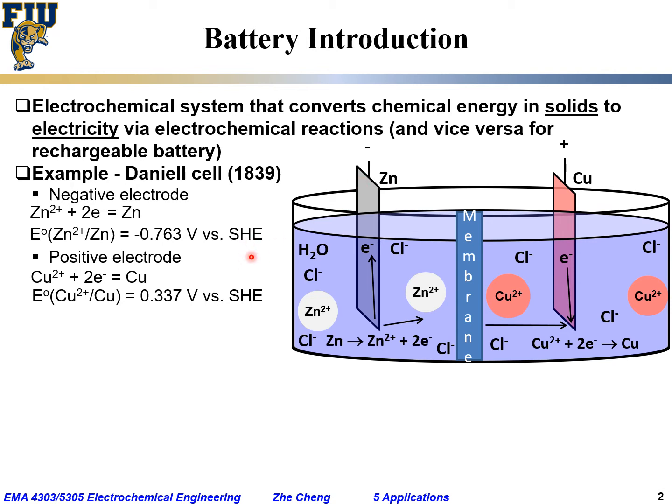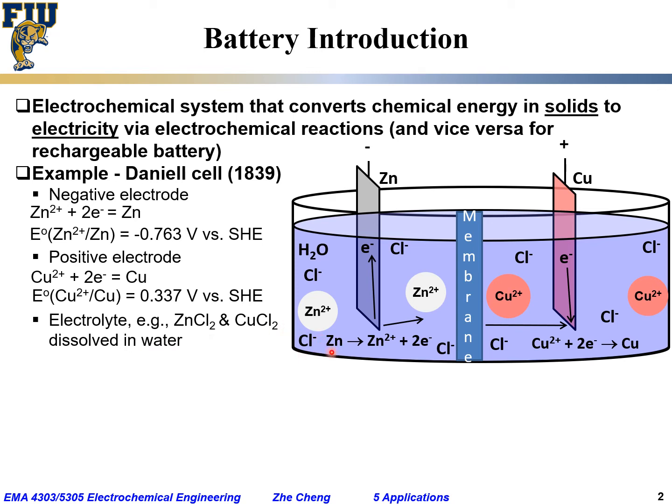Okay? And that is determined by the so-called standard electrode potential versus SHE. And then for a battery to operate, in addition to electrode, we need electrolyte. In this case, salts dissolved in water to form an aqueous solution.